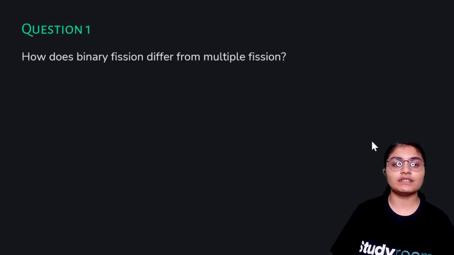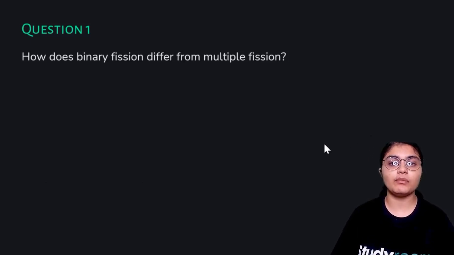The first question is, how does binary fission differ from multiple fission? Binary fission differs from multiple fission in three different ways. In binary fission, an organism divides into two similar organisms, but in multiple fission, an organism divides into two or more organisms.